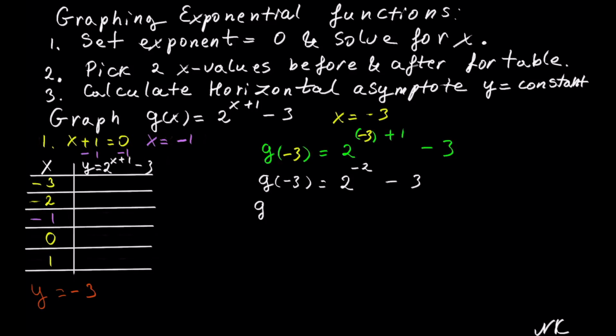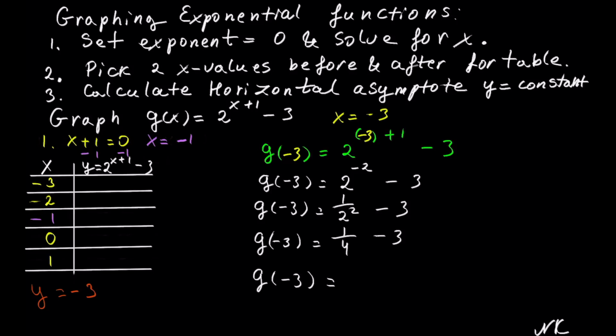This gives us g of -3 is equal to 1 over 2 squared, and we still have minus 3. So 1 over 2 squared is 1/4, minus 3. So g of -3 is equal to 1/4 minus 3.